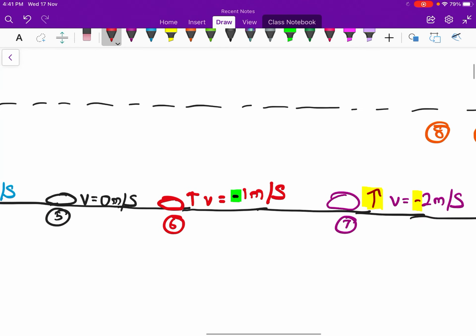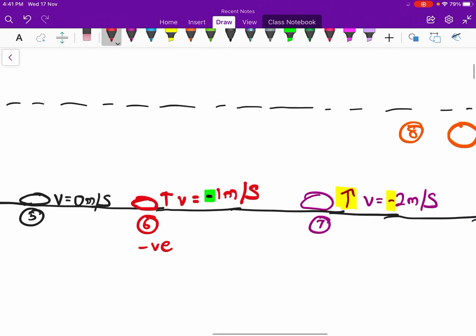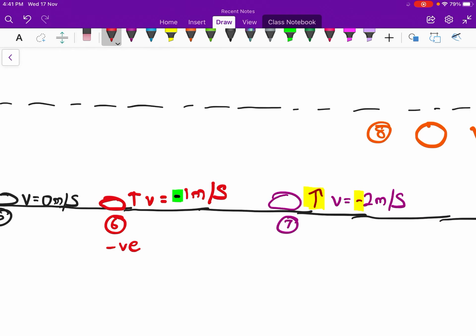Now because I want to move up, my velocity must be in the upward direction, so it must be in the negative region of the graph. Of course, I slowly gain speed to negative 2 meter per second. This is in the negative portion of the graph. Just take note that negative just denotes the direction.